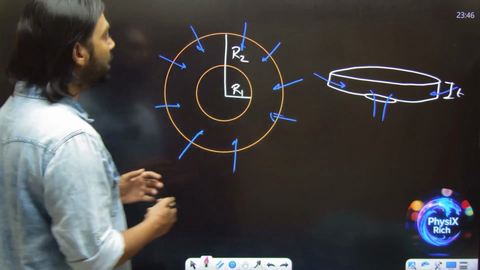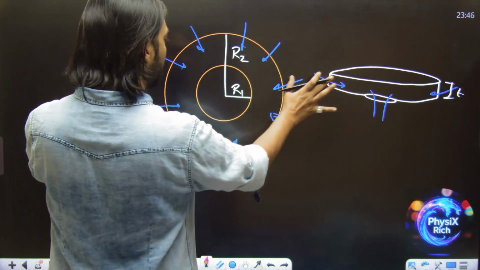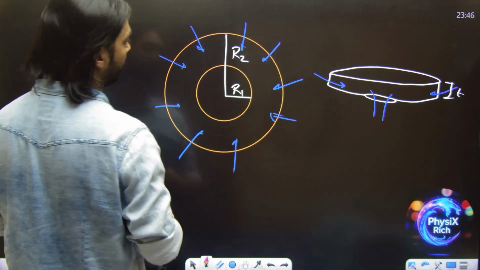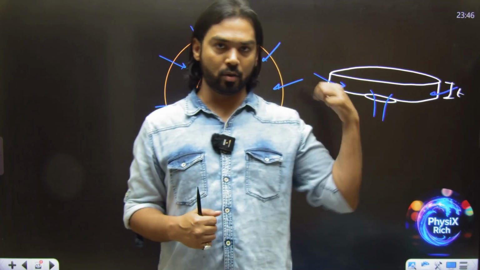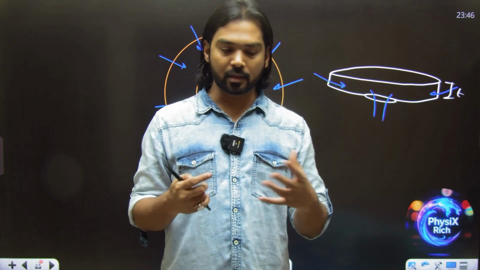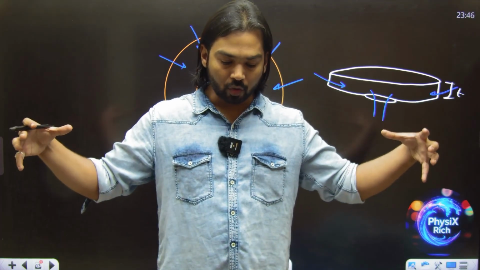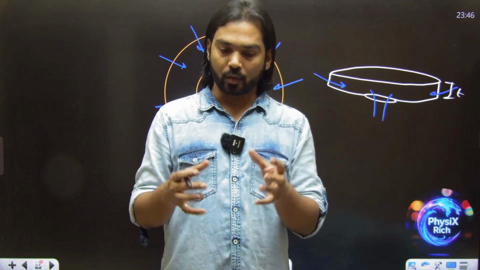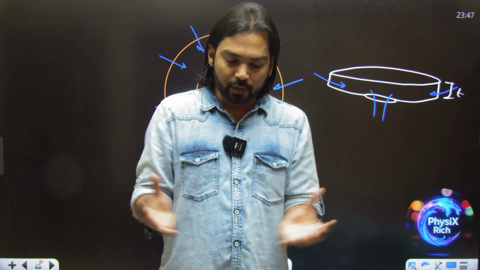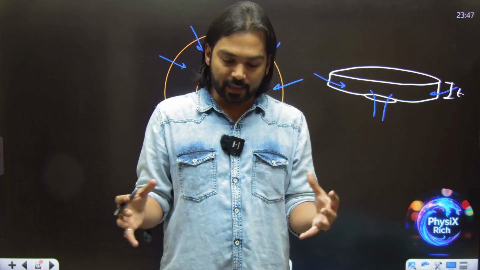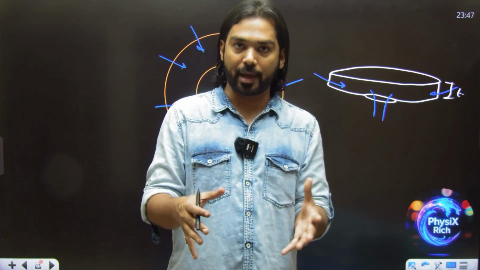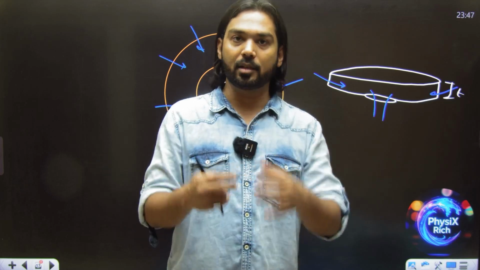As water reaches the hole, it becomes faster. You must have noticed this even in our kitchen sinks: as the water goes closer to the hole of the sink, it goes faster, right? Because every time it moves closer to the hole, it has lesser and lesser space to occupy. So it becomes faster as it goes to the hole.